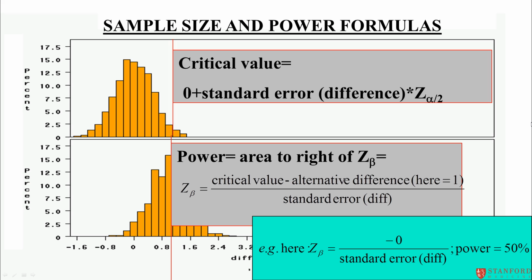Let me just plug in some numbers to show you. So here, z beta, remember the critical value is 1, the true effect is 1, so that subtracts to a difference of 0, divided by the standard error of the difference. And that turns out to be a power here of 50%, because a z value of 0 obviously is associated with an area of 50%.